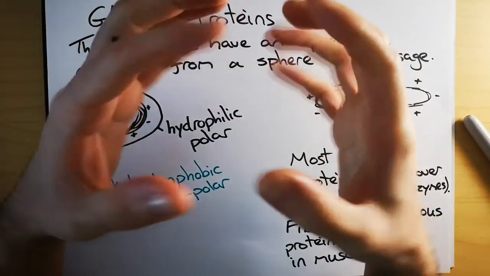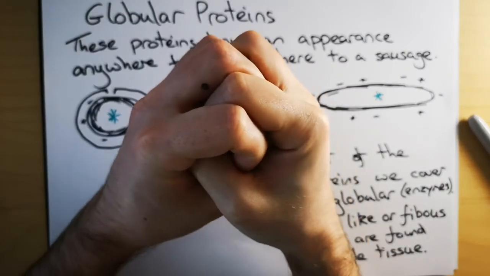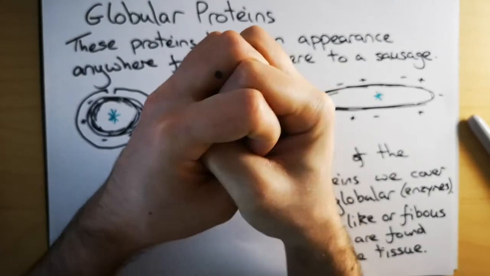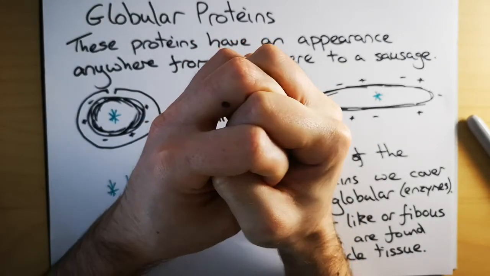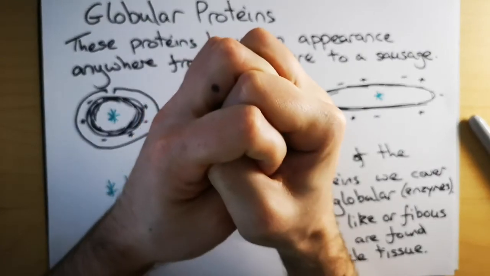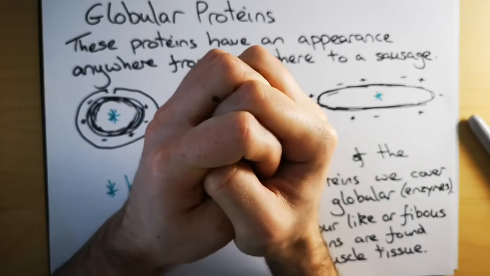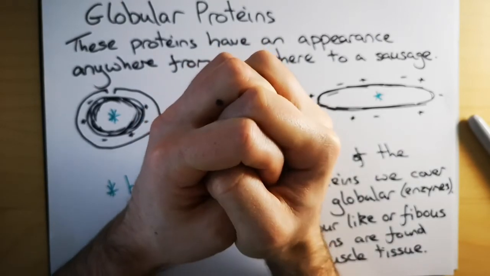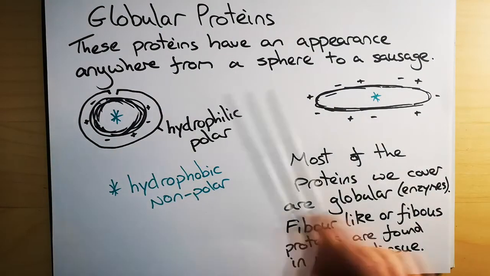If the tips of my fingers are non-polar, they'll hide away from the water, and the backs of my hands and fingers will be polar and face out towards the water, and you'll get this kind of globular shape. And that's all very important in the tertiary structure when we produce the polypeptides.